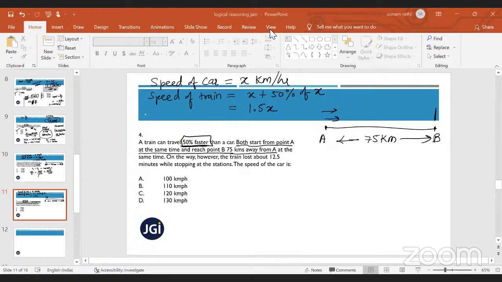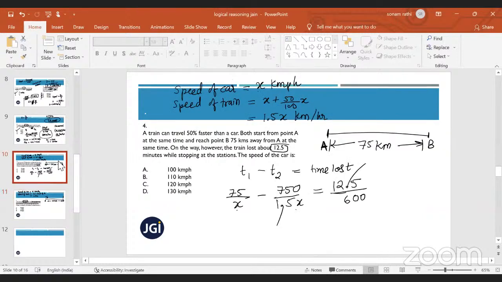I'm not going to do calculation for you here. Do the calculation yourself. Add it simply, x plus 50% of x.